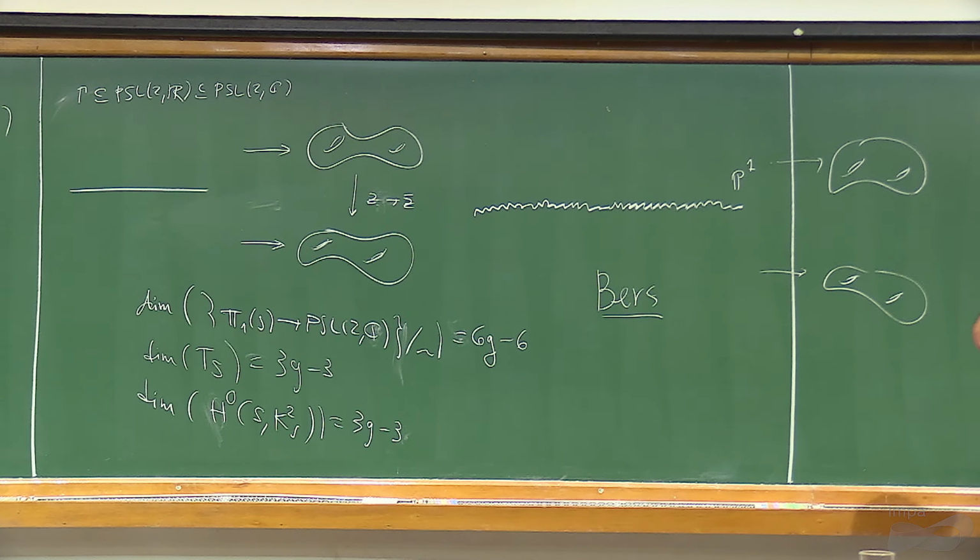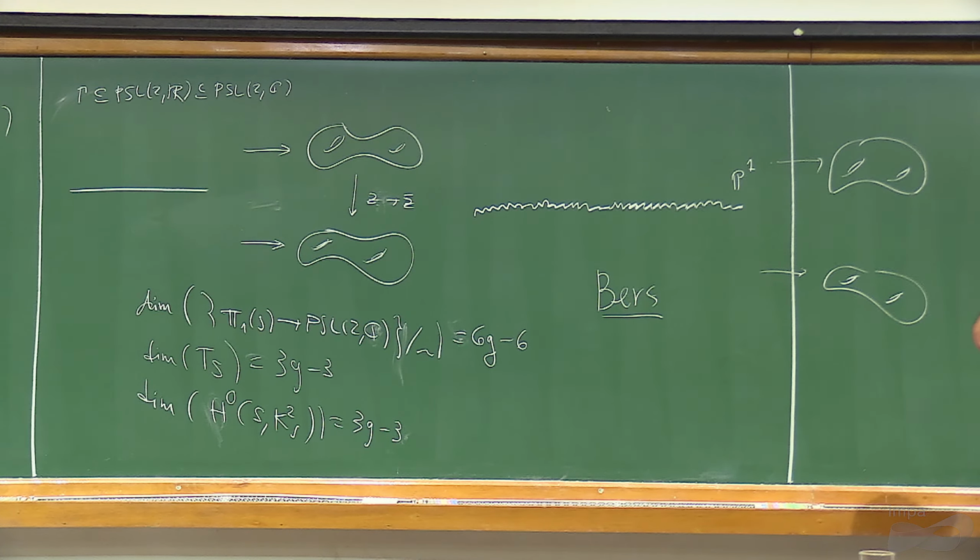Okay, so the Teichmüller space, see if this is S, and this is, say, S bar, you have that the Teichmüller space of S bar injects into the space of local quadratic differentials of S. Okay, so this is holomorphic quadratic differentials on S. And these are the complex structures on S bar.